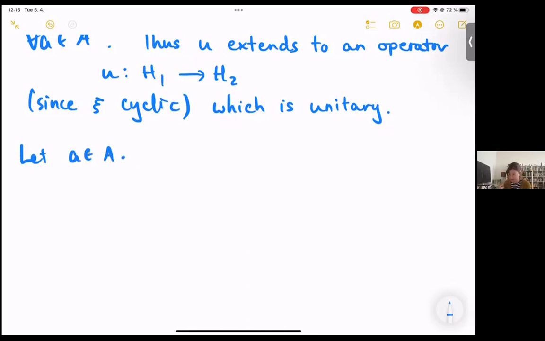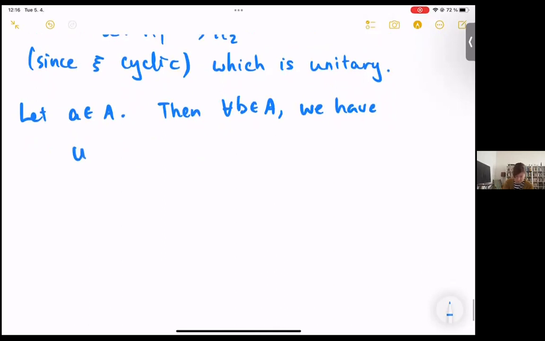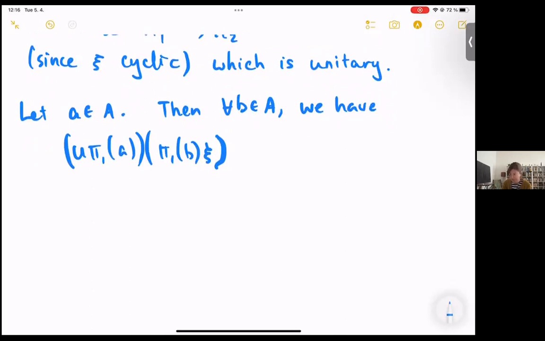So take some element a in the algebra, and then we see that for every b in the algebra, u pi 1 a applied to pi 1 b psi, which is an arbitrary vector in our vector space up to epsilon.